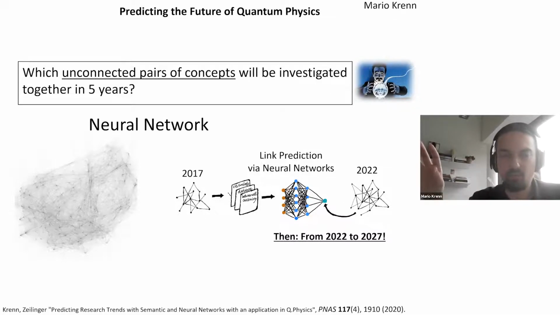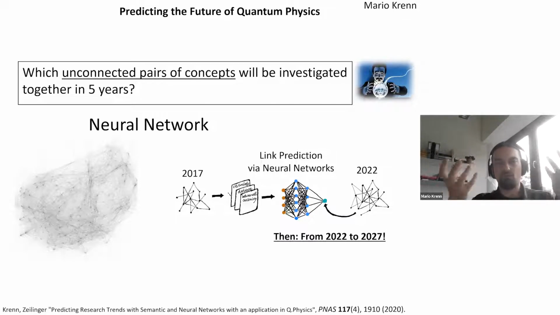So what is the probability? In my case, it was around 80%. So with 80%, I know when you give me two concepts, which of them will be connected and which of them will not be connected.